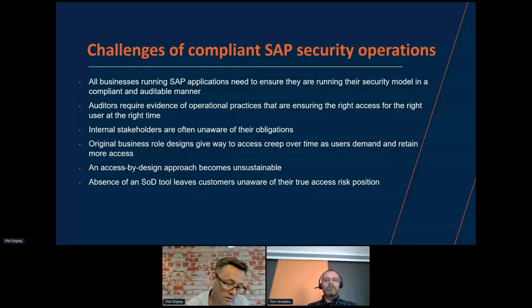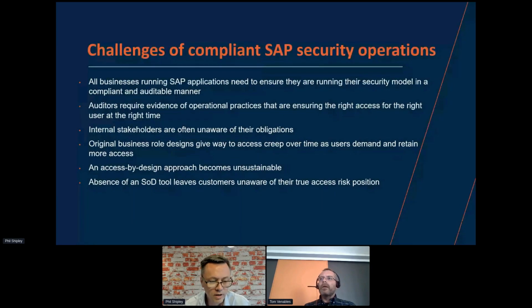I'm still doing my old job even though I'm in a new job, or I'm training my replacement, and access gets left behind. And so, with all the best intentions of doing business role designs, companies end up in a mess. And if a framework's not in place to help stay clean or retain what they originally went live with, then access creep is inevitable.